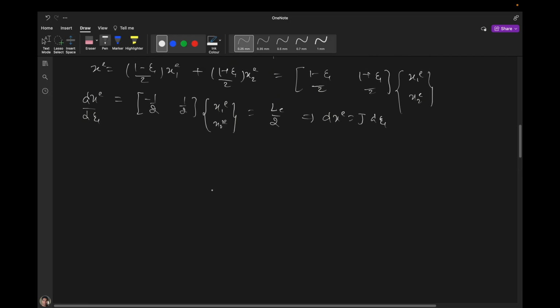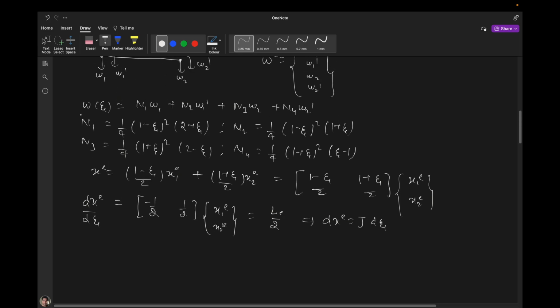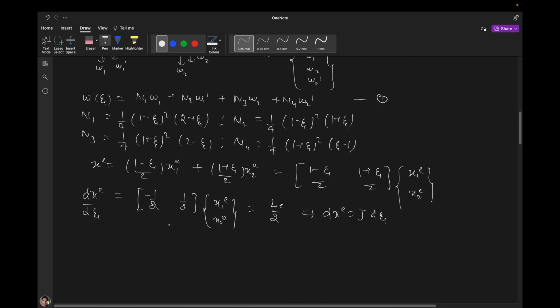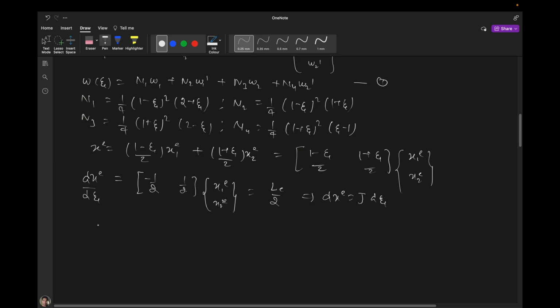Okay, so now we already saw that if we differentiate this equation, because we need the second order derivative of this w. Okay, so if we differentiate this first time, so del w by del x, what will it be?